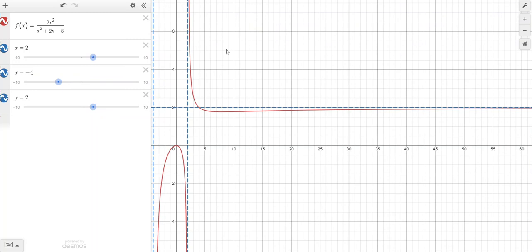So I'm going to kind of try to draw that as well. Up near the vertical asymptote, crosses the horizontal, looks like at about x equal 4. Goes slightly below it, and then comes up close to it again in the long run.